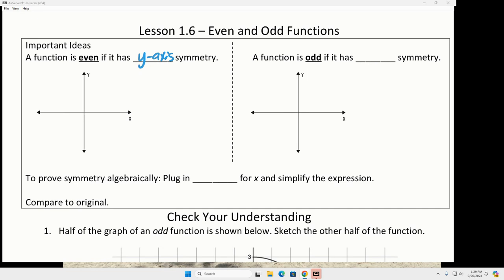Okay, so I'm going to try my best to draw a symmetric graph where one side looks just like the other. Reflected though. Right, and then we kind of already figured out on the y-axis symmetry, if x, y is on the graph, then negative x, y should also be on the graph.